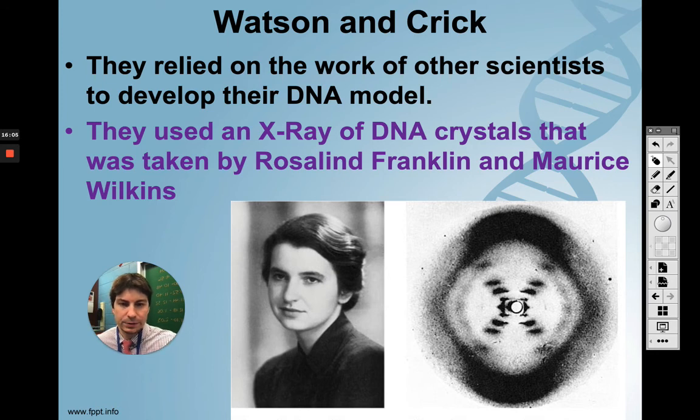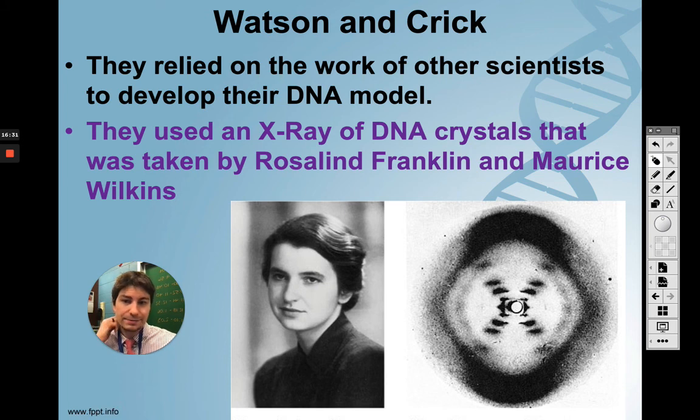Now we do have a larger appreciation for Rosalind Franklin. She worked in a lab with another scientist named Maurice Wilkins. She made crystals of DNA and used X-rays to see these DNA crystals in a cross section of it. So this was like from above.